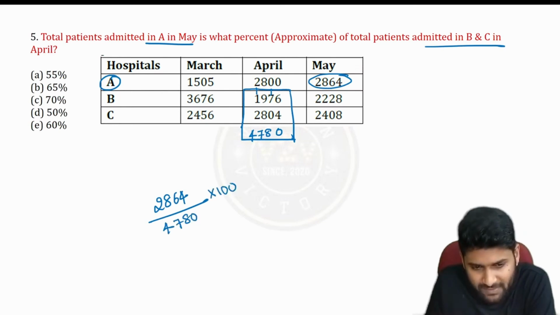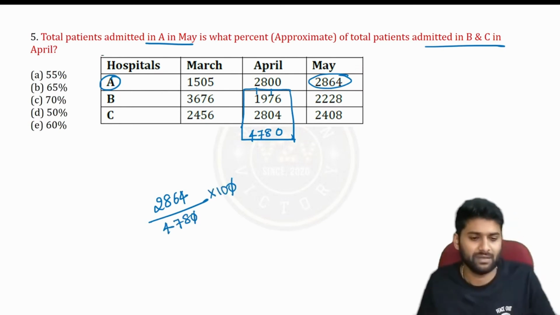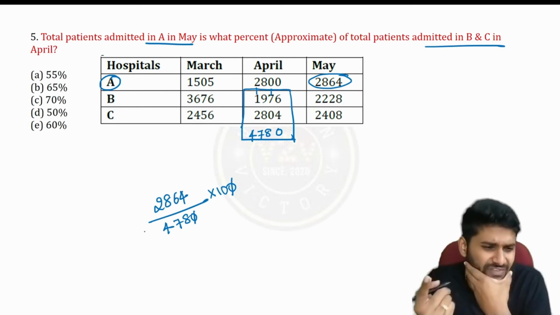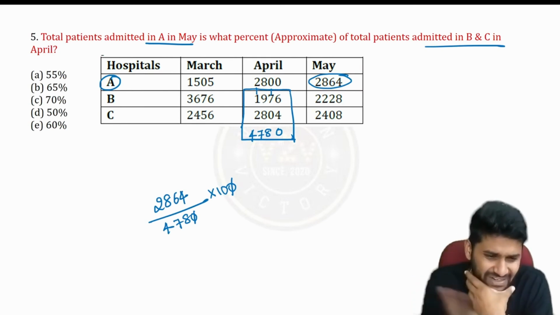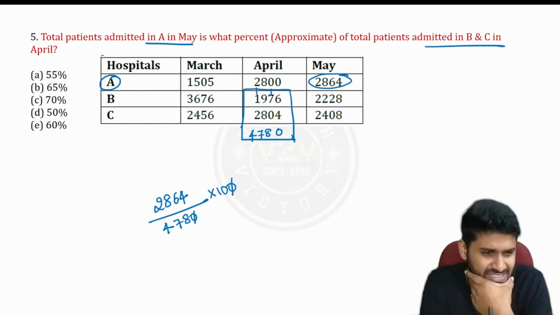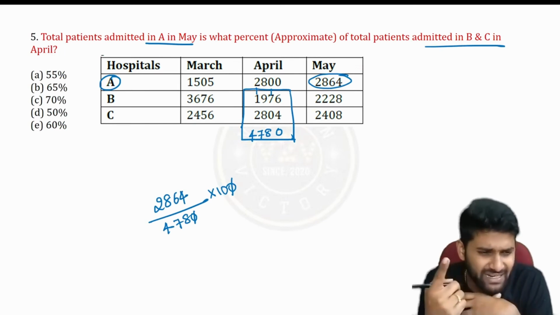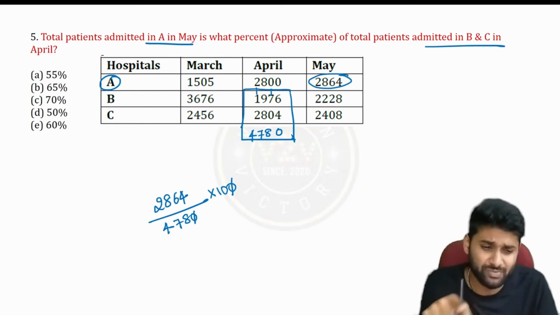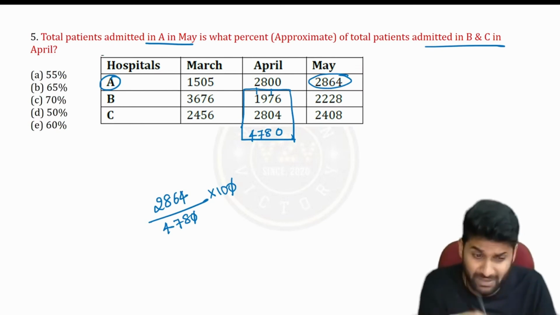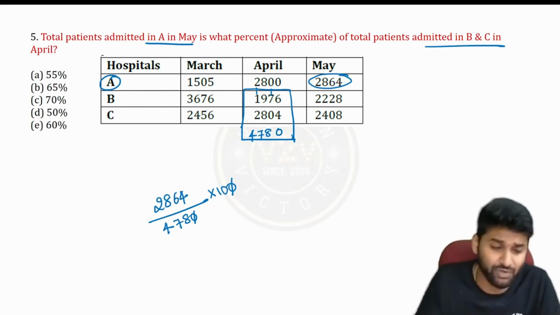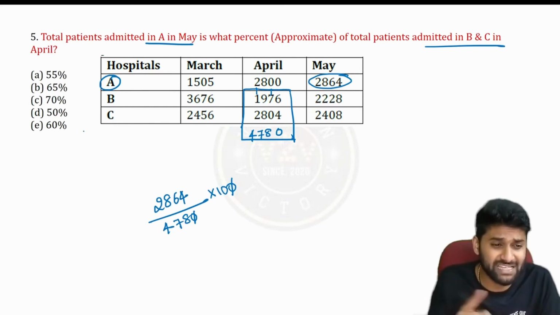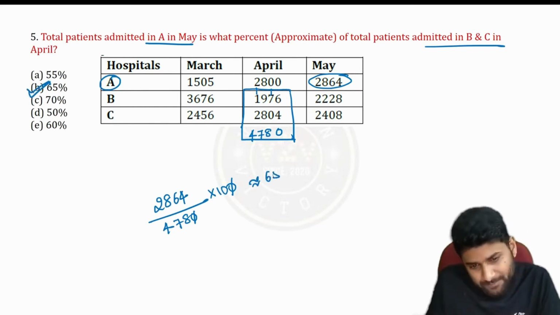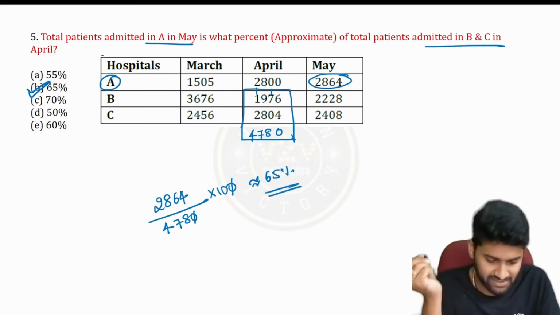You have to define it in terms of percentage. So definitely the answer should be less than 70%, and greater than 60%. Why? Because if 4 is multiplied by 6, that value should be approximately 2400, but that value should be 2864. So the answer must be greater than 60 and less than 70. So we have a suitable answer of approximately 65%. Choose your option in this way, guys.